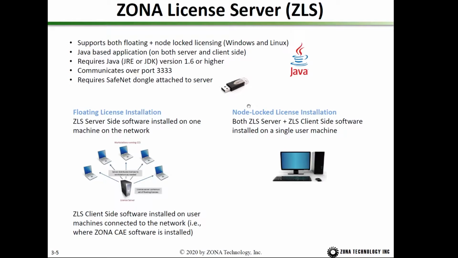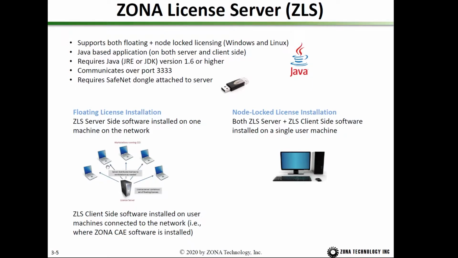When you install ZONAIR, you have to have a SIGNET dongle. You attach this dongle to the server, and when you run ZONAIR, ZONAIR will go into the server to check out a token.